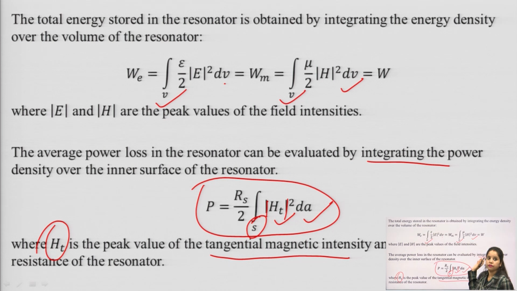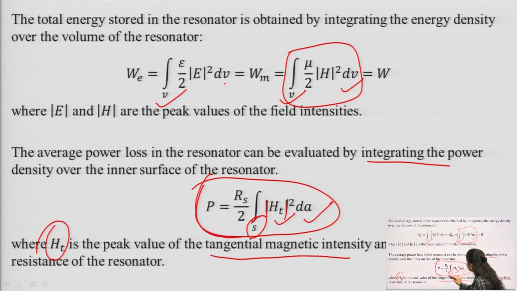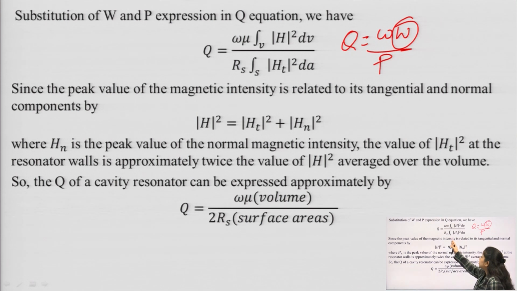But in the expression I have shown you for Q, we have used this one because we obtained the value of P, the power dissipated, in terms of the magnetic field. That is why we have taken this expression. Otherwise, you are free to take the other expression also. Now, the 2 from both the numerator and denominator gets cancelled, otherwise the same expression: omega mu integral H squared dV over Rs surface integral Ht squared dA. And now the main twist comes.